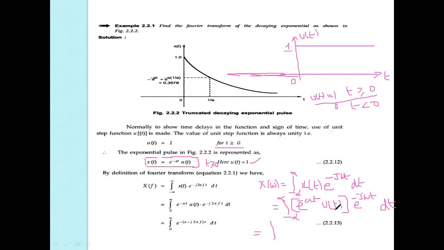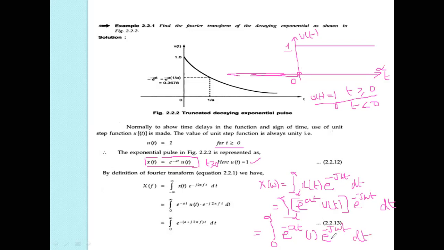The mu of t is not 1 for all the values, only from 0 to infinity. So we have e power minus at, and this value is 1 in the range of 0 to infinity, times e power minus j omega t dt.